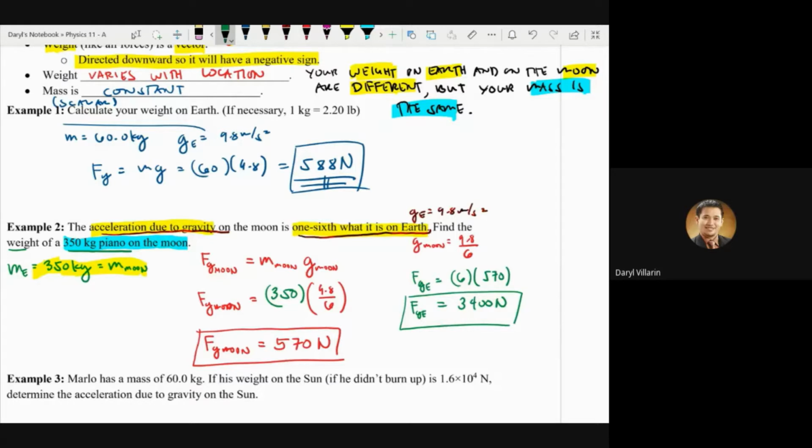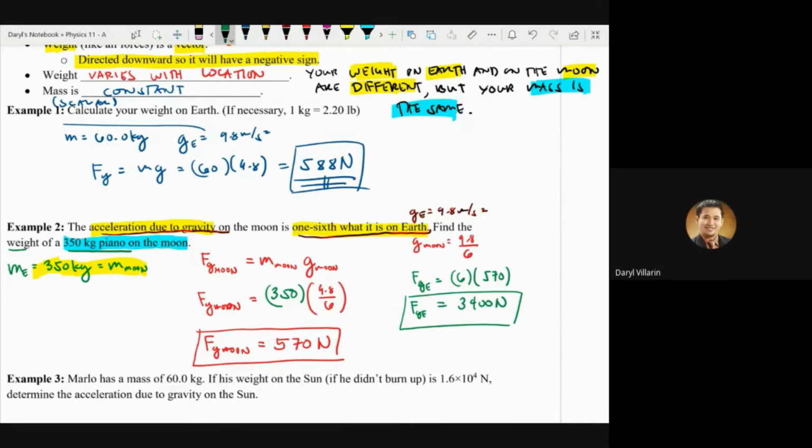That's why they try to have that sensation, if you are in space or on the moon, that you are floating. Well, it's just that the gravity there is smaller. So if the gravity is smaller, that means that you will be falling there at a lesser rate compared to the Earth.